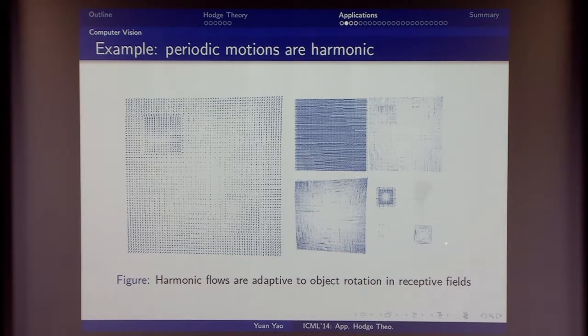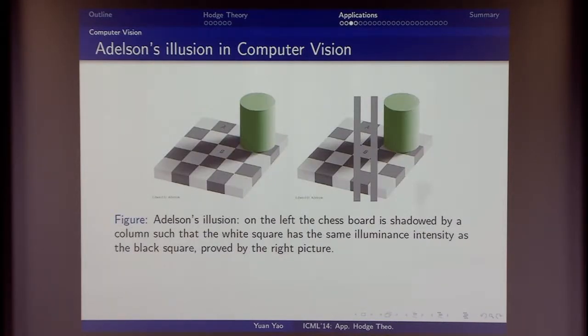Here it may not be quite clear, but basically there is an object in the receptive field, and the object undergoes some rotation movement. If you use a piecewise constant flow, then you totally break the object boundary. But if you use a piecewise harmonic flow, then it is very adaptive to the objects. So this illustrates this kind of application.